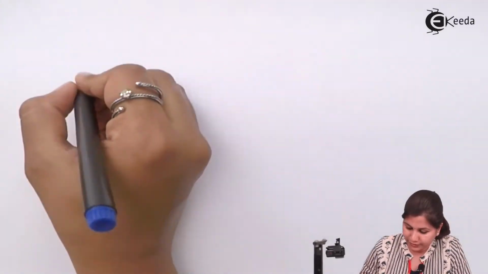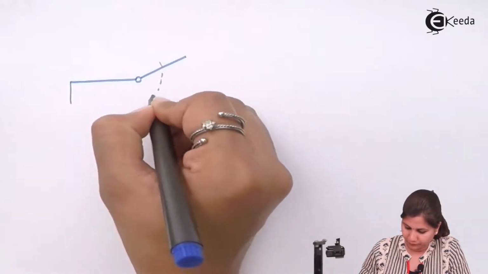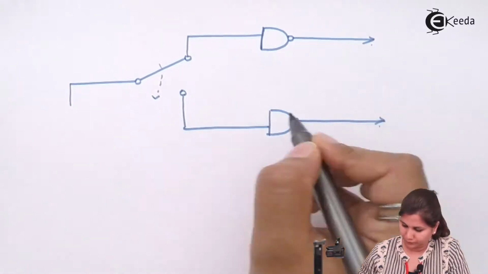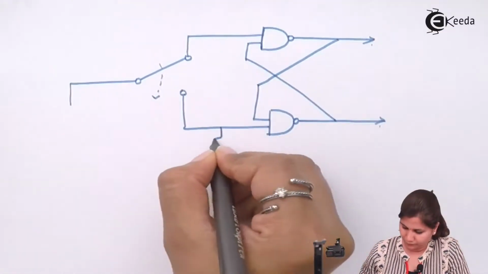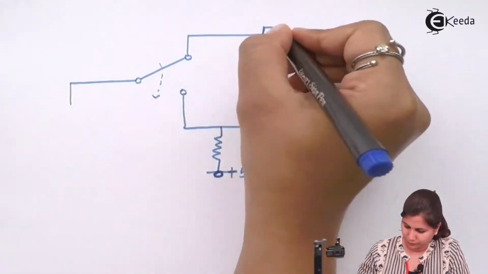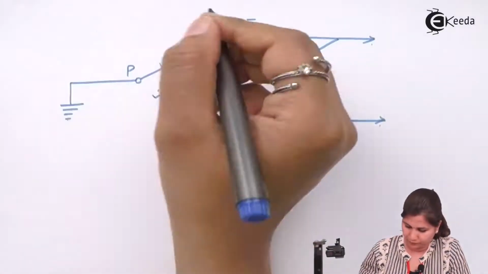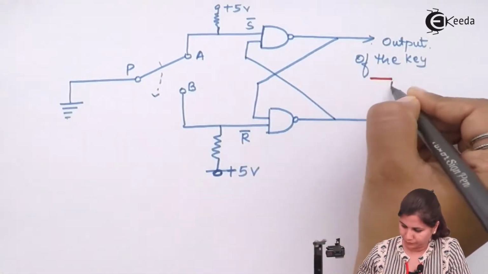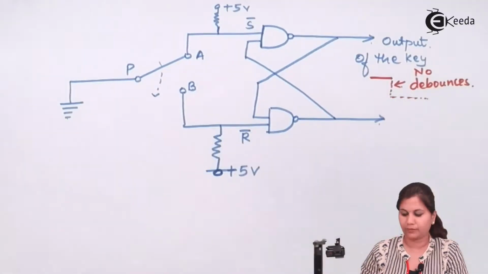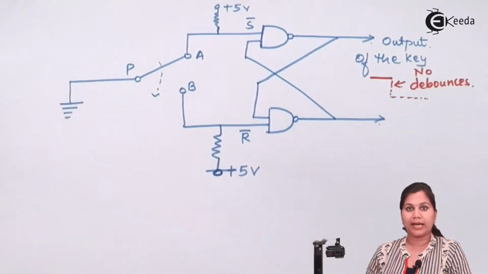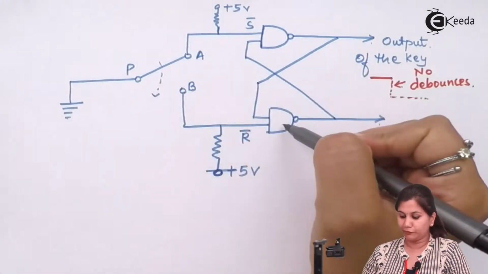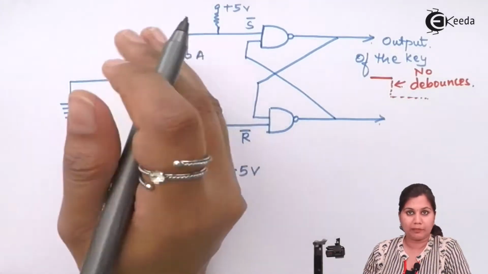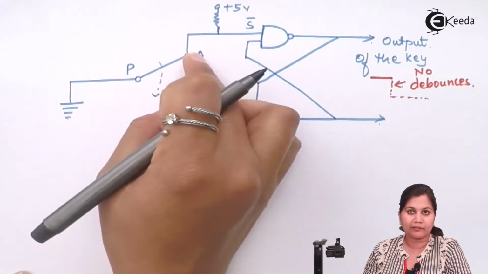Let's see the circuit for this. So this hardware key debouncing can be implemented with the help of this flip-flop or a latch can be used. Okay, now when this P, the key is pressed, okay, it is going to make contact with the A.